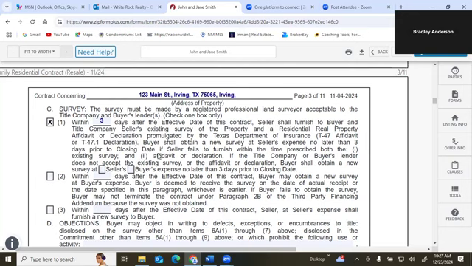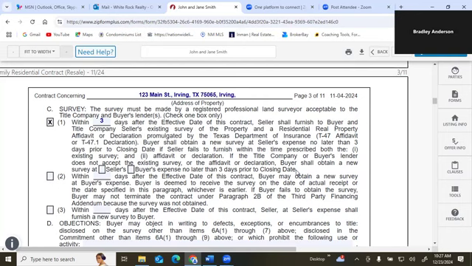Okay. So, but it does say that the buyer needs to get both of these things, both the survey and either the T47 or the T47.1, which is the declaration, within this amount of time. But it says if the seller doesn't provide it, buyer shall obtain a new survey at either the seller's or buyer's expense no later than 3 days prior to the closing.